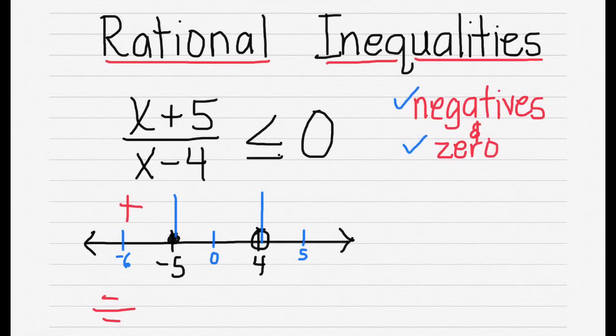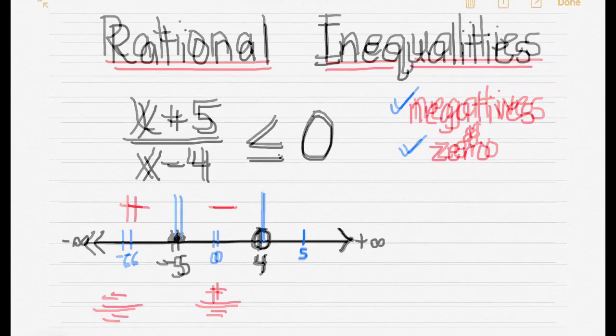So in the second section, I picked the 0. So 0 plus 5 gives me a positive 5, so my numerator is positive. And 0 minus 4 gives me a negative 4, so my denominator is negative. A positive divided by a negative is going to give me a negative result.